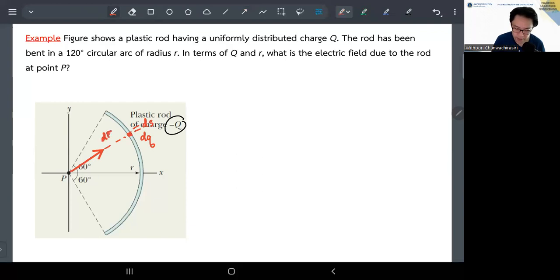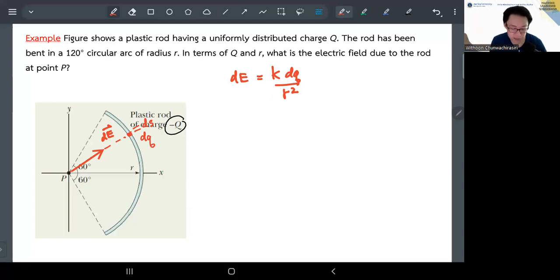This is a vector, but the magnitude of dE is going to be k dq, the charge generating the field, divided by the separation from dq to point P, which is just the radius of the rod, squared. So cool. That is pretty much done. Well, not done, but that's done for the dq charge generating the field dE. Nice.